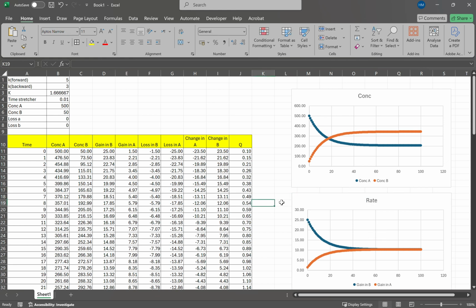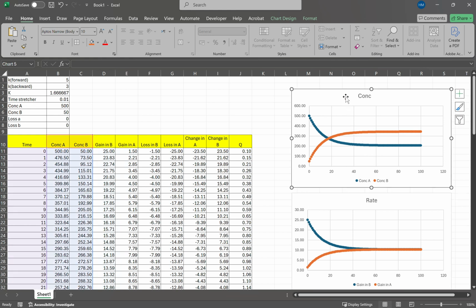And we can obviously explain that to the students. One of the conditions of dynamic equilibrium is that the rate of the forward reaction and the backward reaction are equal at equilibrium.